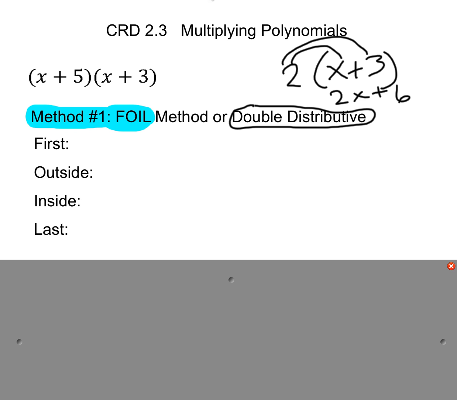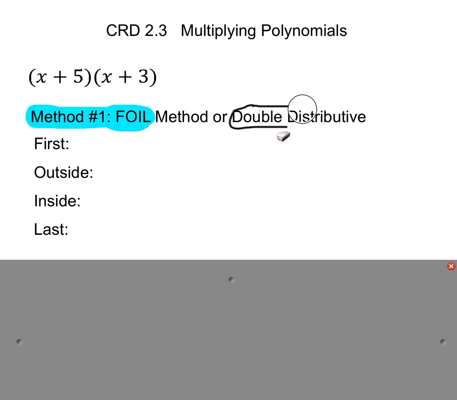So now I have a binomial times another binomial, so we have to do what's called double distribute. Basically, I have to distribute the x into the x plus 3 parentheses, like so. Then I have to distribute the 5 into the other binomial, x plus 3, and I would get my solution.